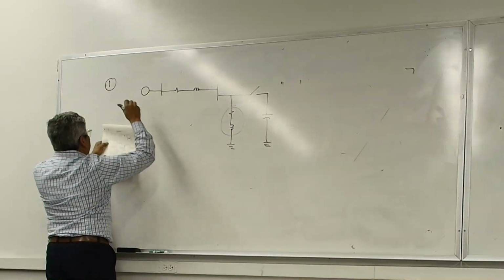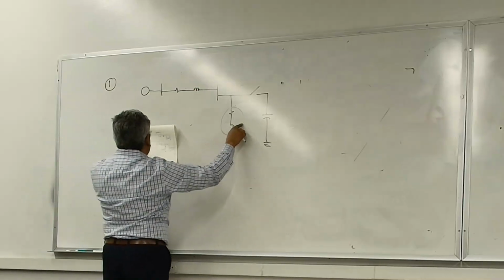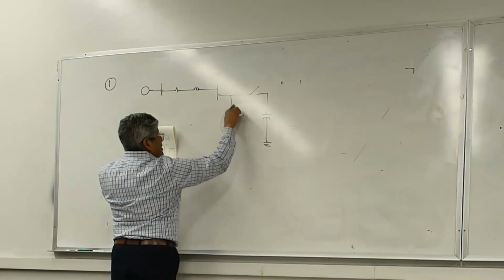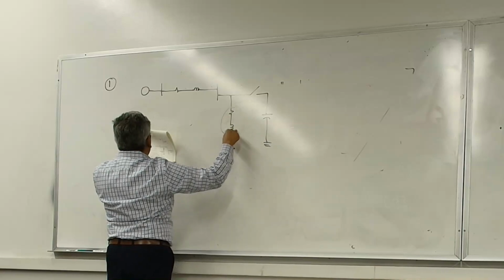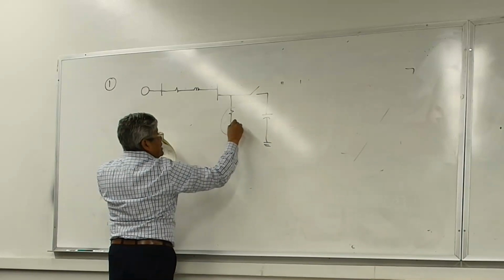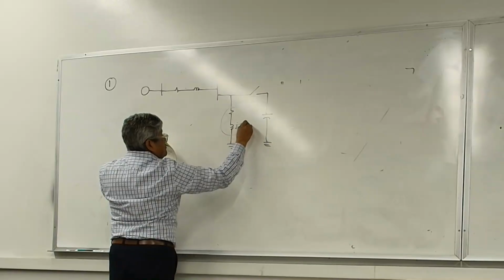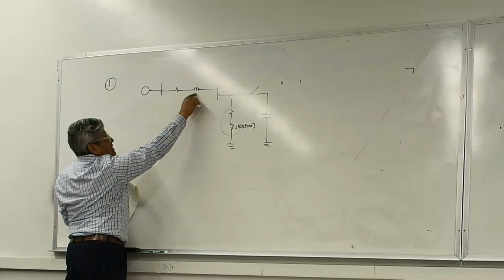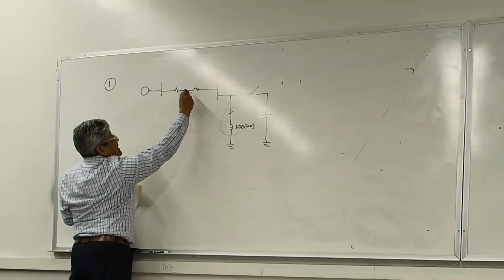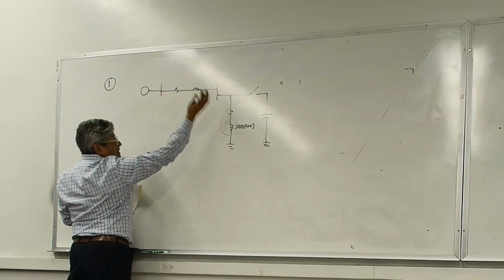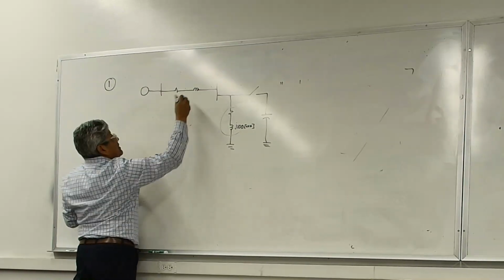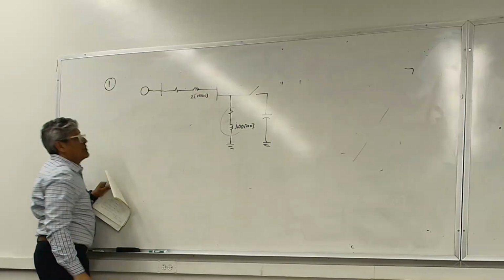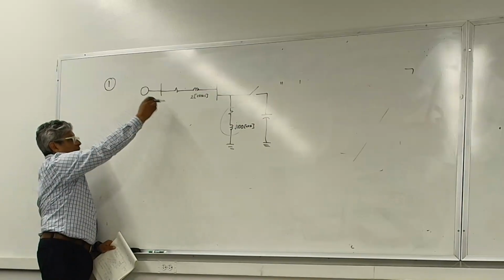I'm going to put some arbitrary numbers for now. Let's focus on the vars. Let's not even talk about the real power. I'm going to say that this load is consuming j100 vars, and in addition to that, there are vars going here. I'm going to say that this line is consuming j2 vars.